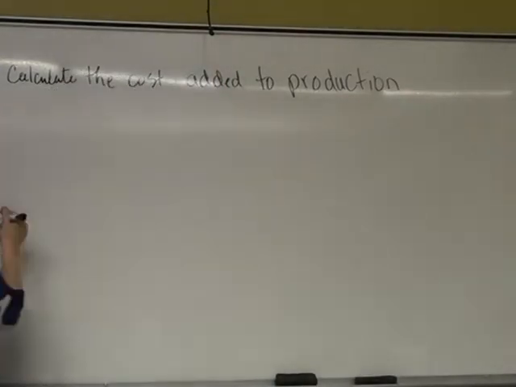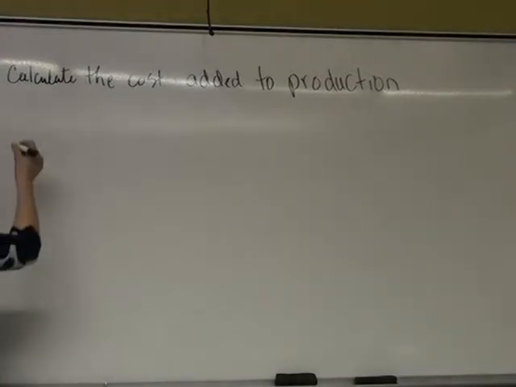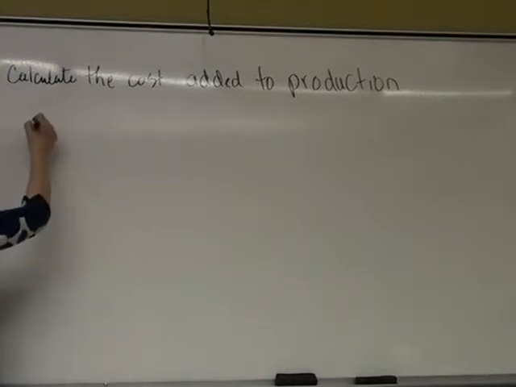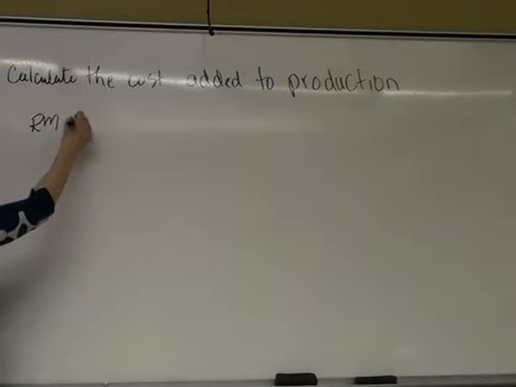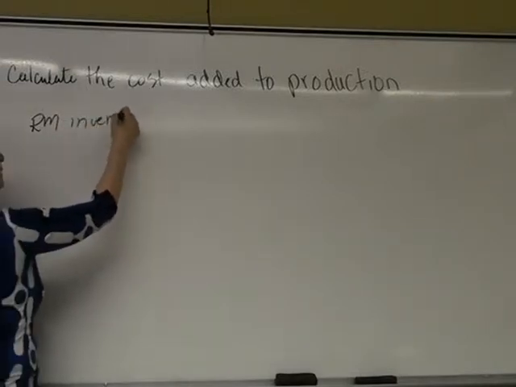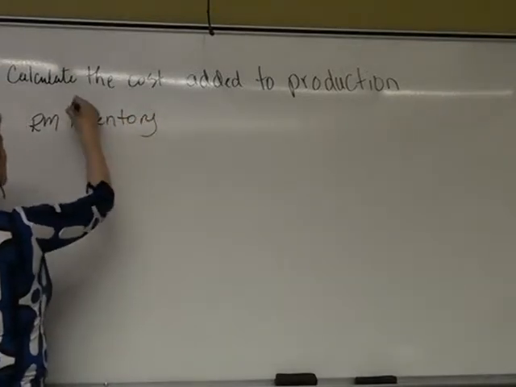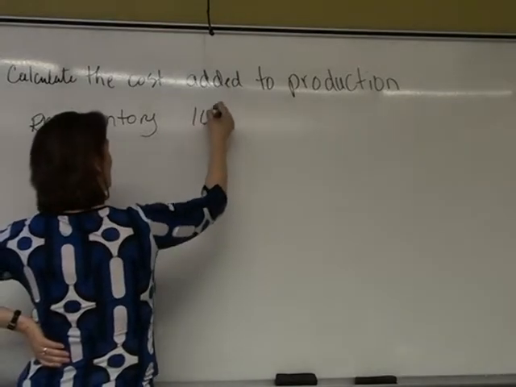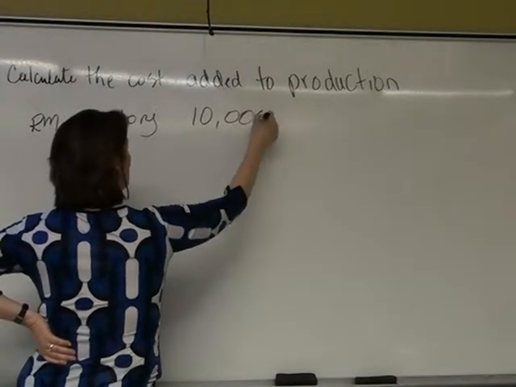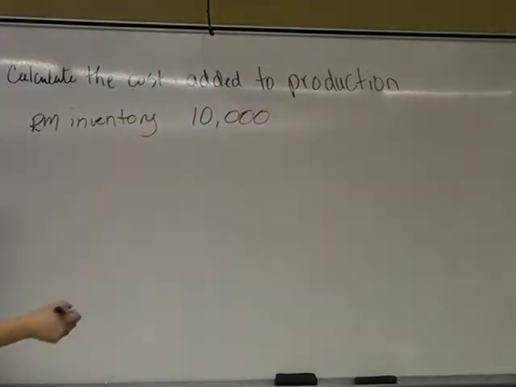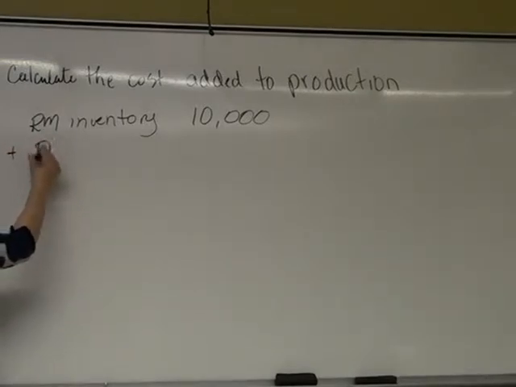When we did the schedule of cost of goods manufactured, we started with the direct material inventory, right? What was in inventory? Let's say we had $10,000 worth of raw material, and then we purchased 5,000.